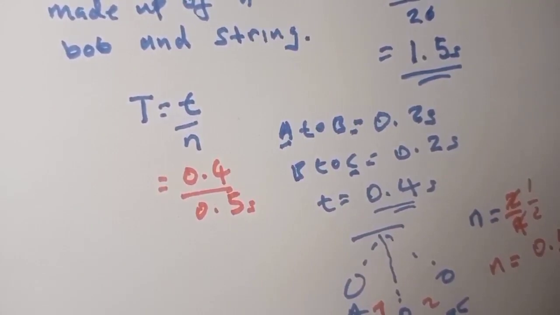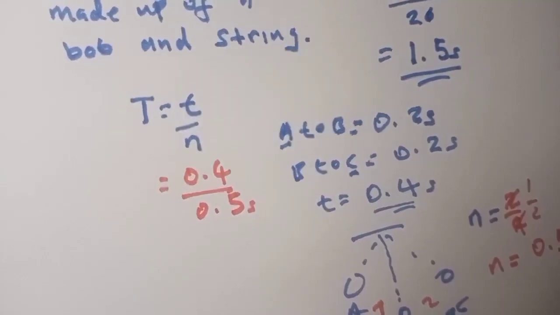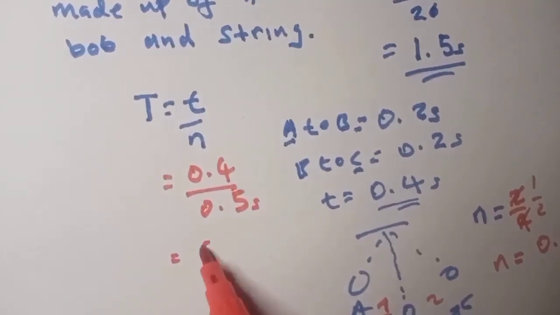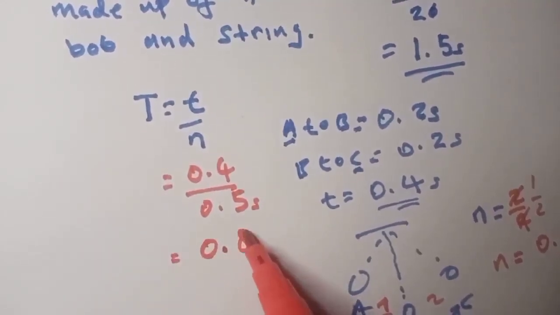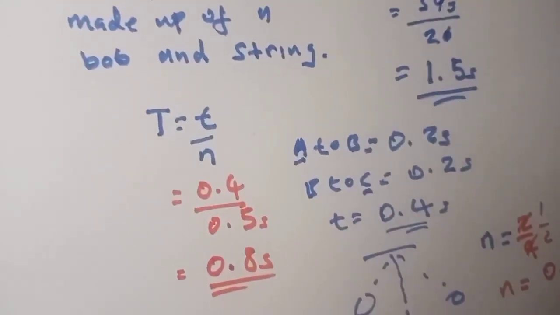So we divide: 0.4 divided by 0.5 will give us 0.8 seconds. 0.8 what? Seconds, and that is the period.